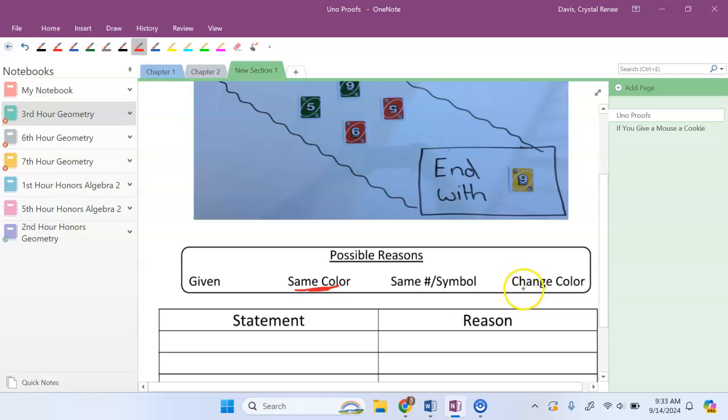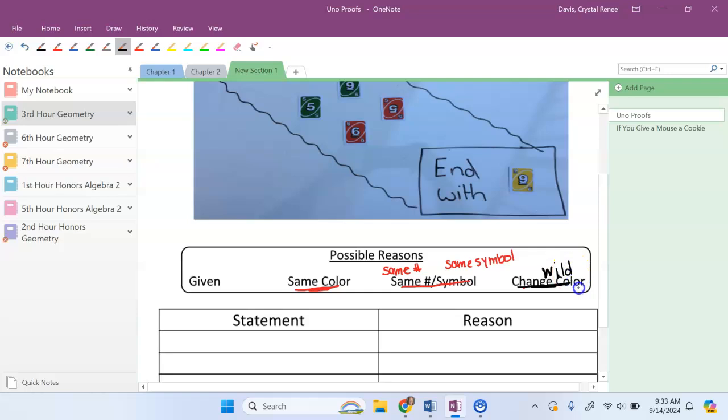You can play one that's the same number, or the same symbol, like 2 reverses or 2 skips. So they can be different colors as long as they're the same number or the same symbol. And then we have wilds, and we can change the color. We use change color only when we put a wild down.